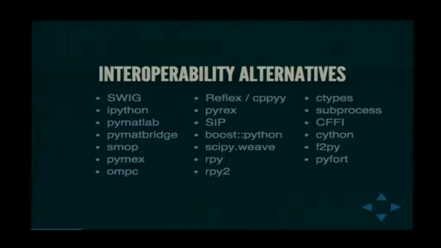We have things for interoperating with many languages. We have tools for interacting with things on the fly. We have tools for interacting with Fortran. We have more tools for interacting with C++. But for me, the most frightening thing is, how do I know where to start?